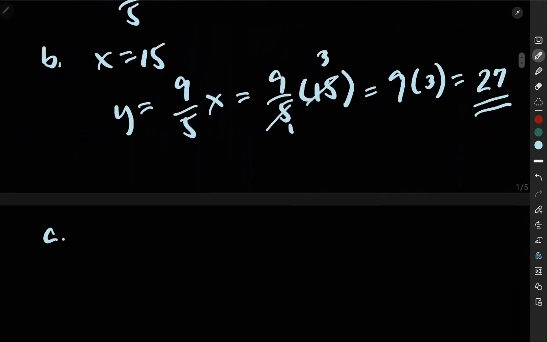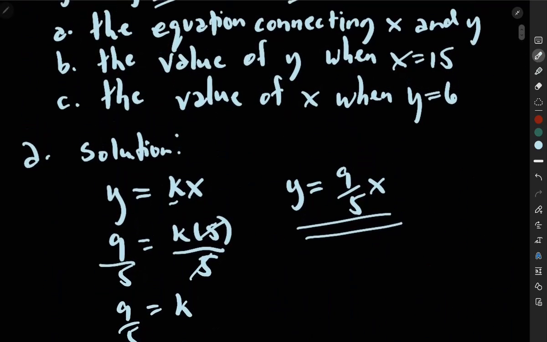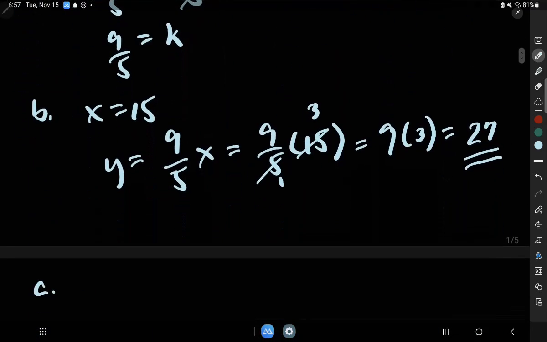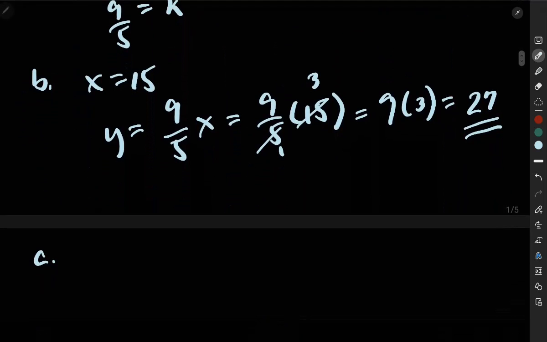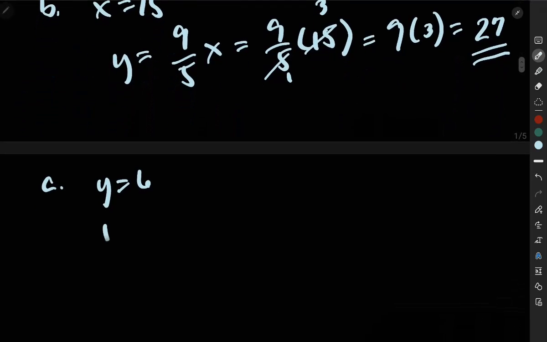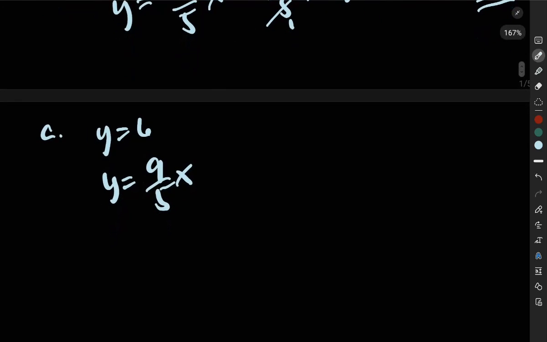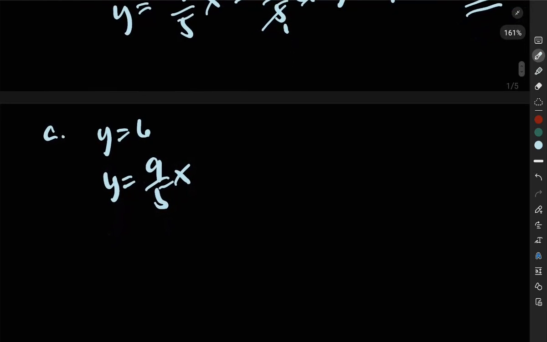For letter C, the value of x when y is 6. So the same equation, y equals 9/5 x. As long as you have the equation ready, you can solve any problem that is given, as long as you know how to manipulate the algebra.